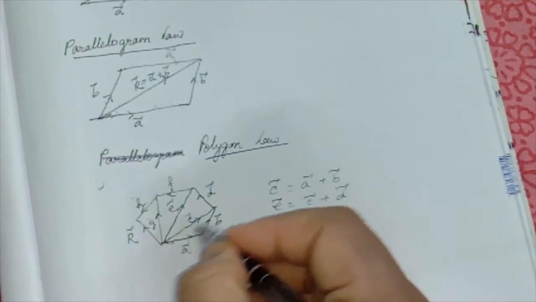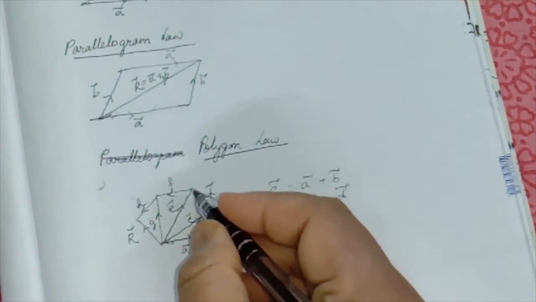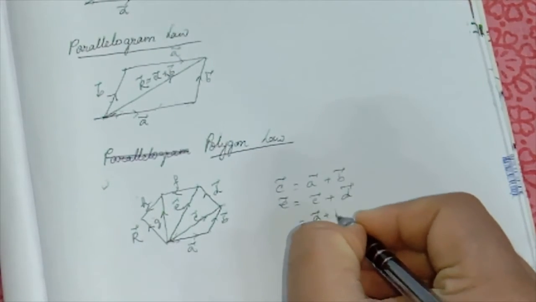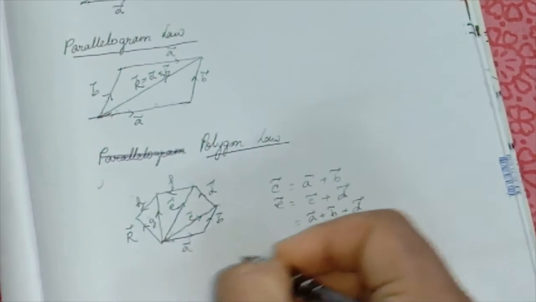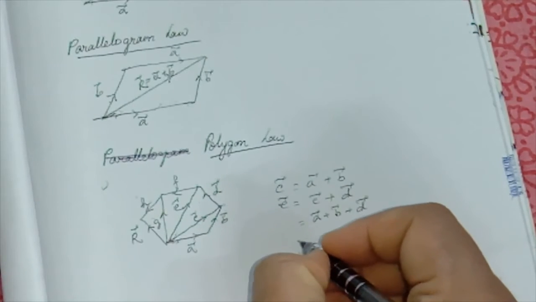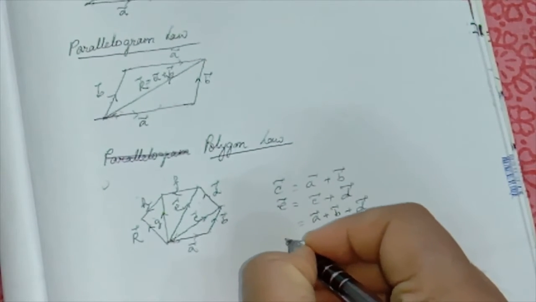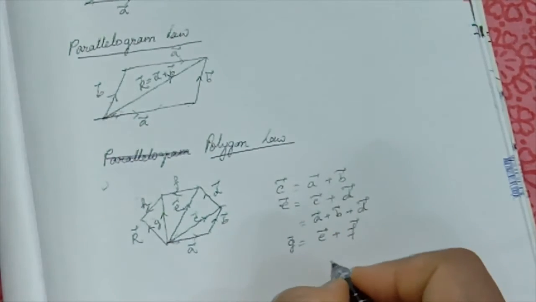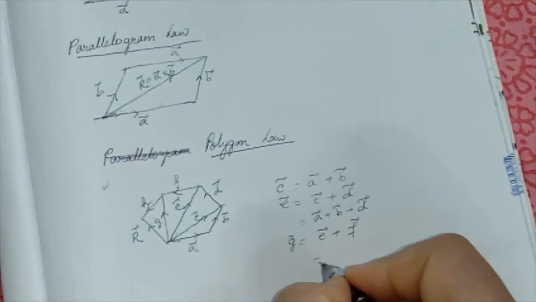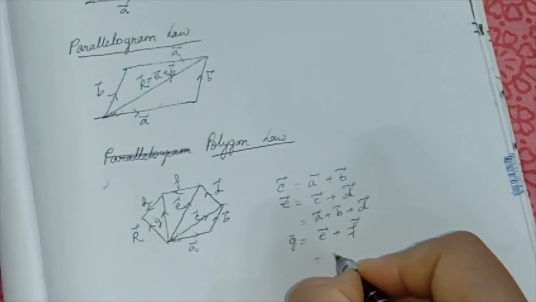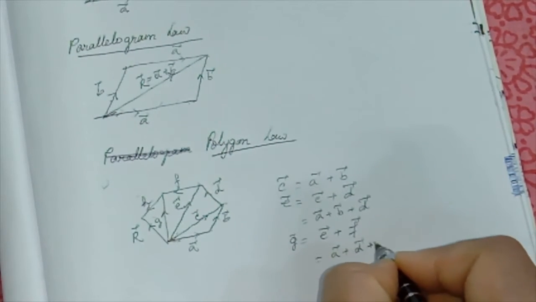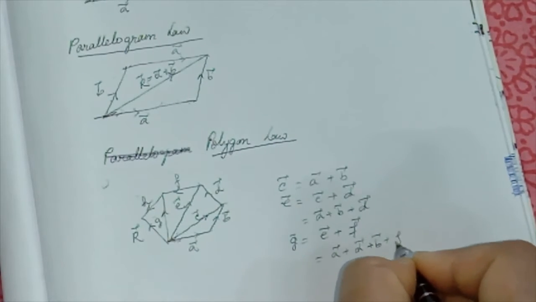A vector and B vector have the resultant C vector. C vector and D vector have the resultant E vector. That means E vector equals A vector plus B vector plus D vector. Now G vector equals E vector plus F vector, that is, A vector plus B vector plus D vector plus F vector.